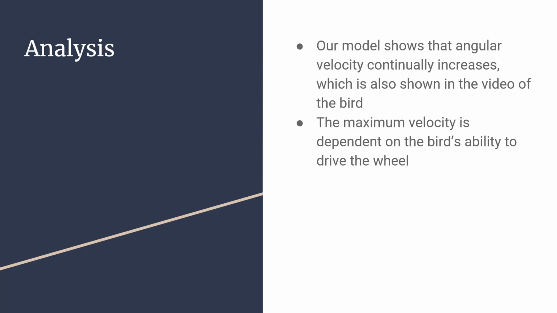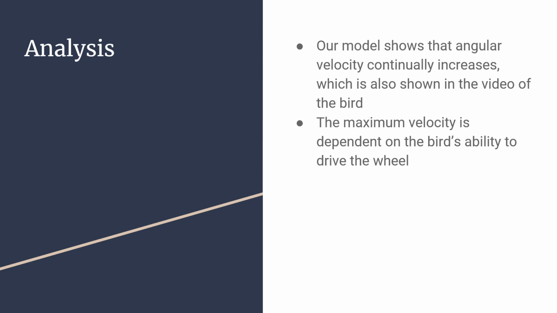So then our model shows that the angular velocity continually increases, which we reviewed the video and saw that the bird in the video does gradually speed up until it resets itself, starting again at 0, which matches our model. And in that case, the maximum velocity is dependent on how able the bird is to respond to its position.